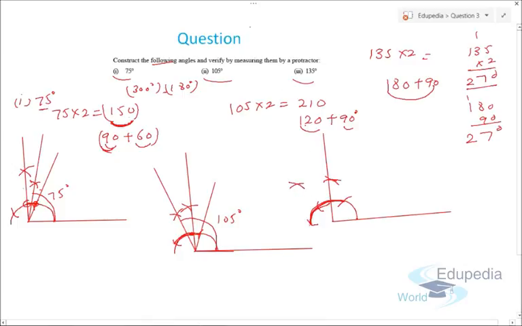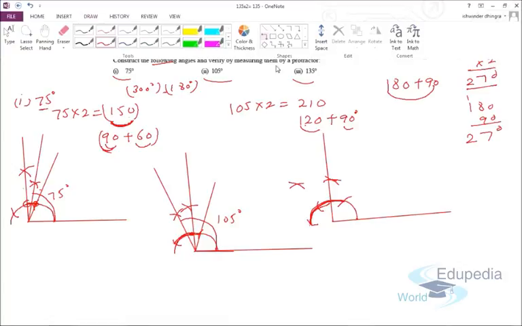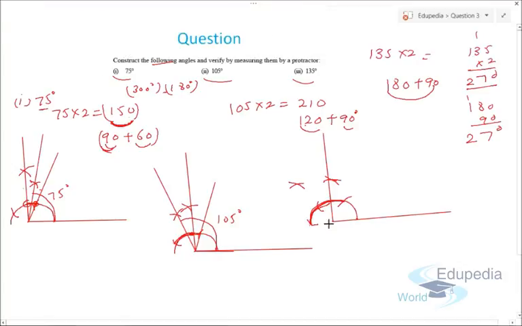Then we need to join these lengths, right? So this comes out to be 135-degree. So this is how we can draw 135-degree angle.